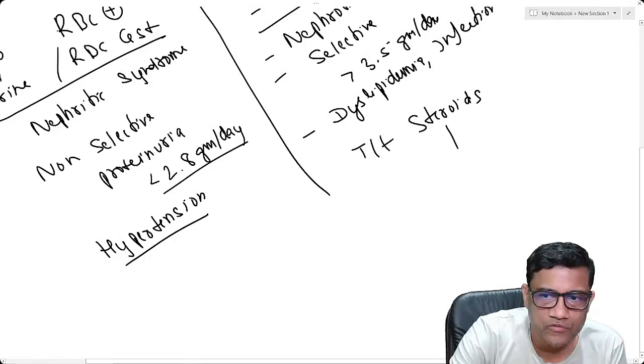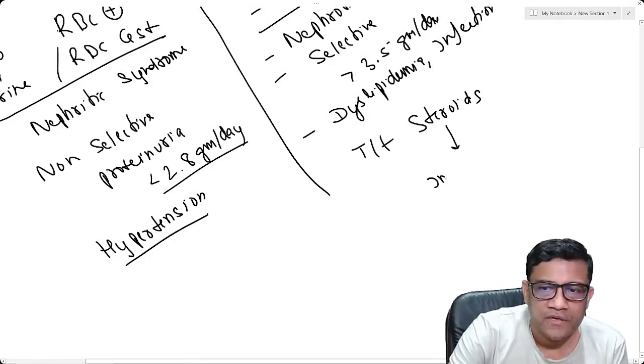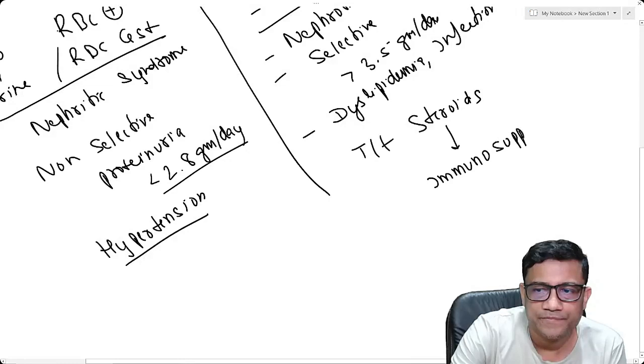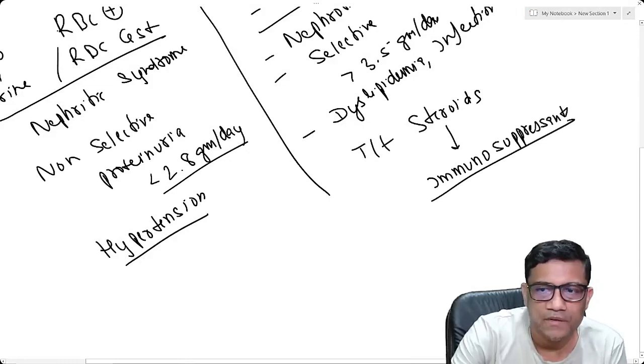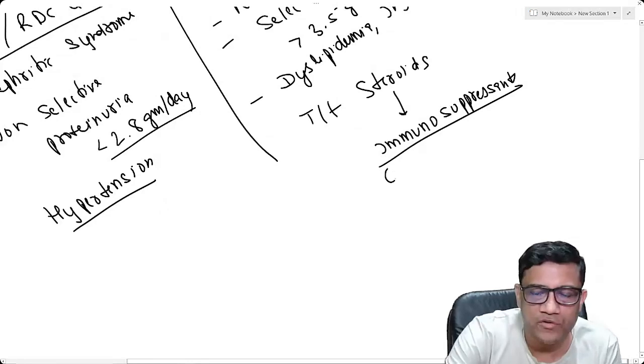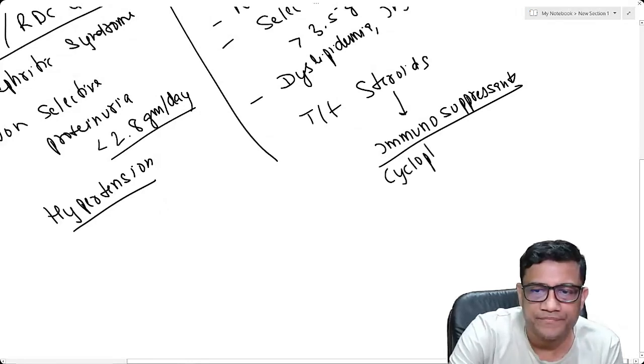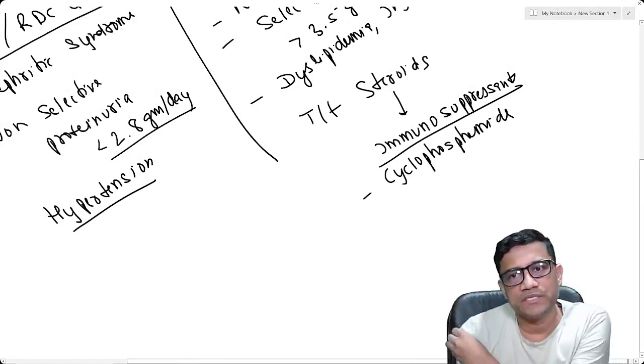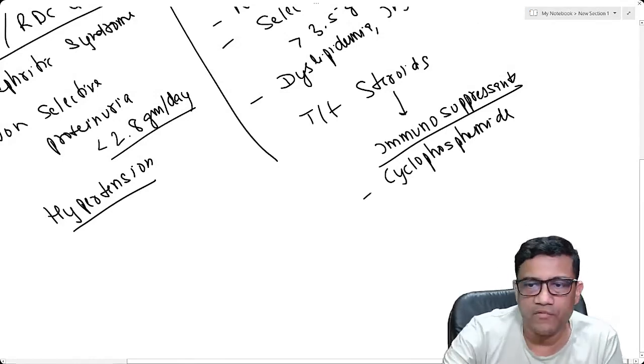Okay, now treatment. Steroids. If they don't work, immunosuppressants. Example, what to give? Cyclophosphamide. So we can give the person cyclophosphamide. What else?